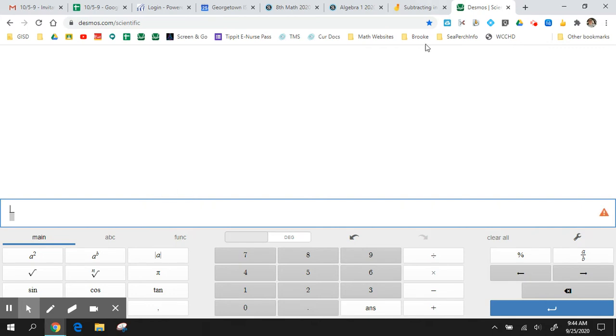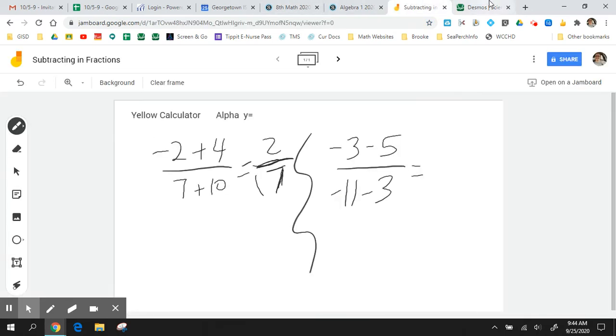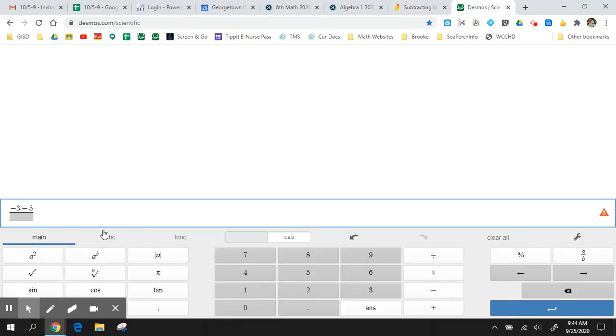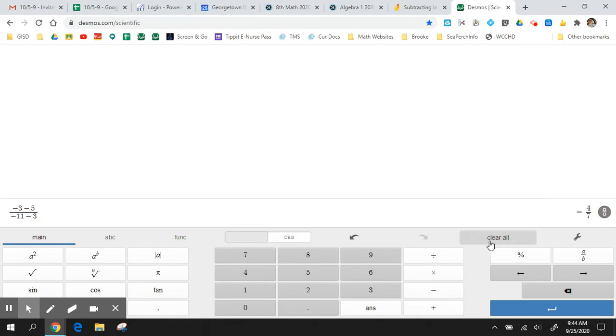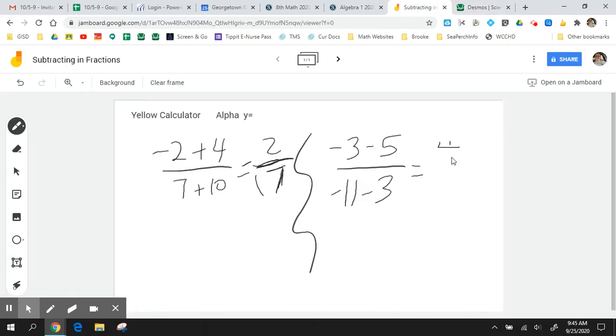And I have negative 3 minus 5 and negative 11 minus 3. Again, it gives me this decimal that's pretty long. I could put 0.57 as my answer, but 4/7 is much easier to have as an answer. It is okay to leave it as a fraction.